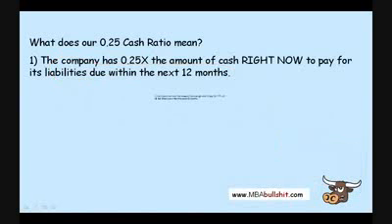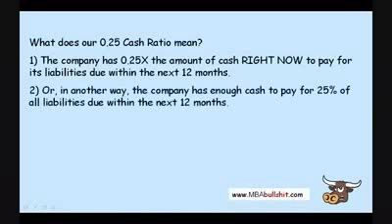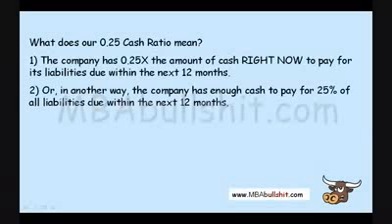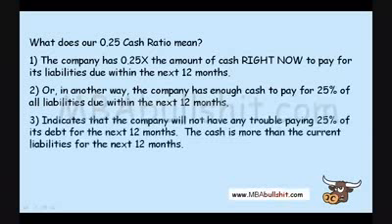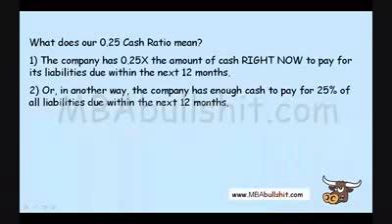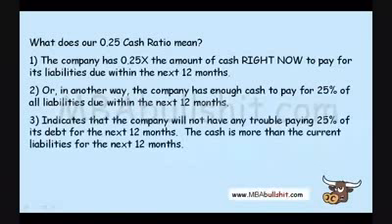Another way to say it, the company has enough cash to pay for 25% of all liabilities due within the next 12 months. This indicates, and I use the word indicate because it's not 100% sure, that the company will not have any trouble paying 25% of its debt for the next 12 months.